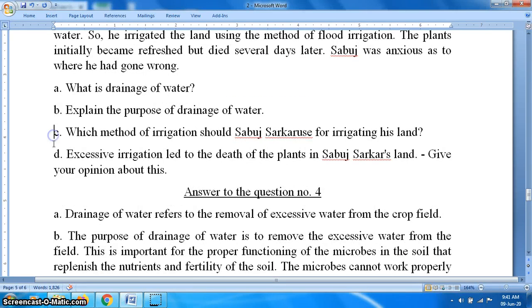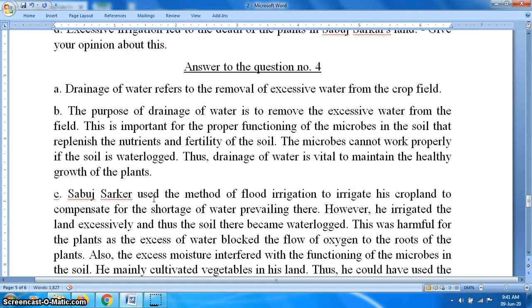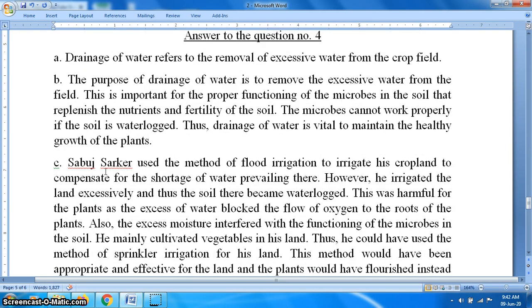Question C. Which method of irrigation should Shobuj Sarkar use for irrigating his land? Shobuj Sarkar used the method of flood irrigation to irrigate his cropland to compensate for the shortage of water prevailing there.